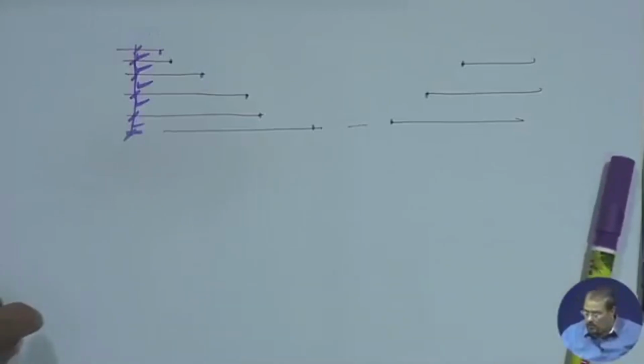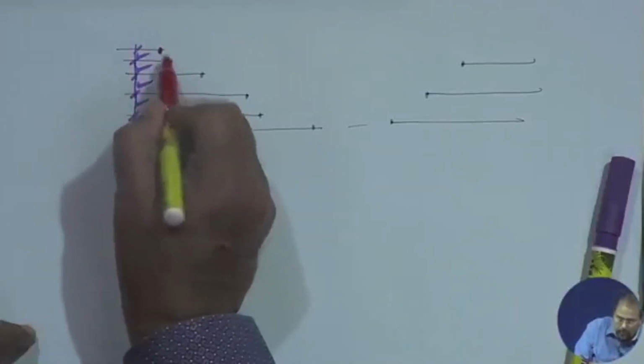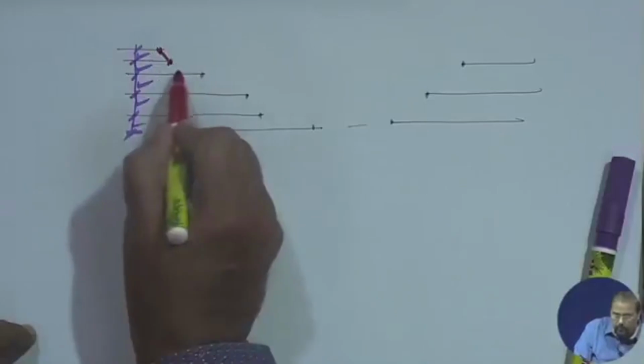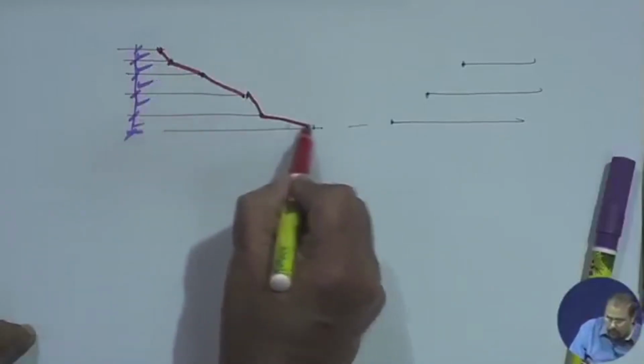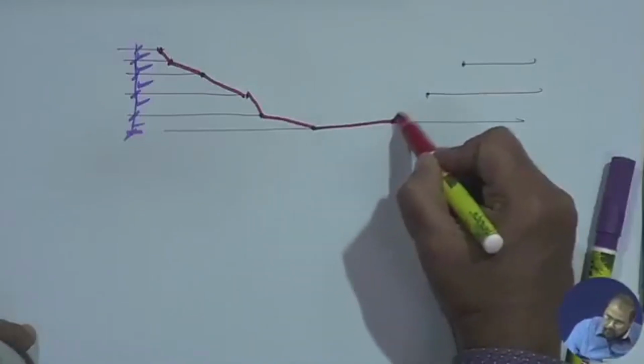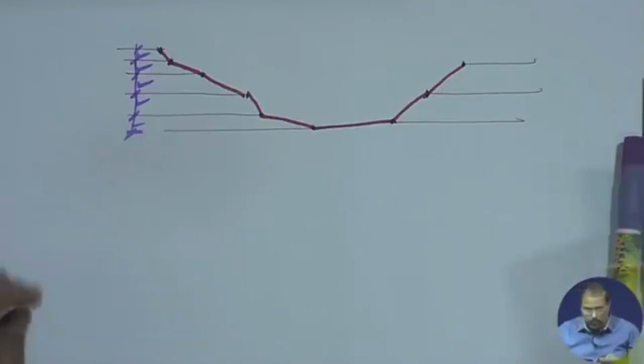So, if it is not at the same distance away, then what happens is, if this is the first level, the next level you connect it, then you connect this here, then here, then here, and then here. This gives us one information.